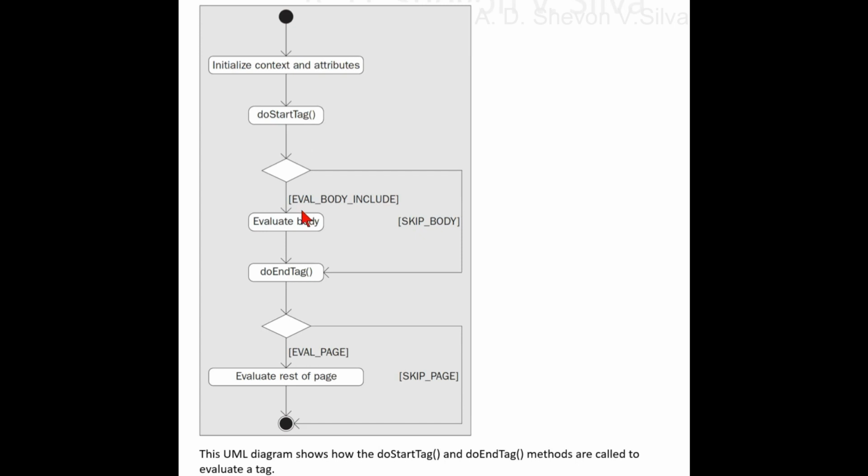Here you can see EVAL_BODY_INCLUDE: the static final int EVAL_BODY_INCLUDE, evaluate body into the existing out stream, a valid return value for doStartTag. Here the static final int SKIP_BODY, skip body evaluation, a valid return value for doStartTag and doAfterBody.